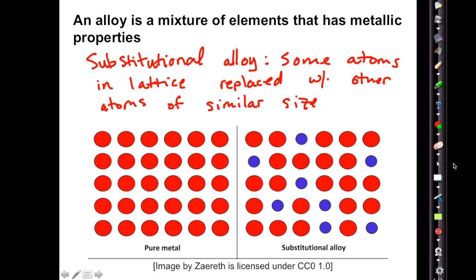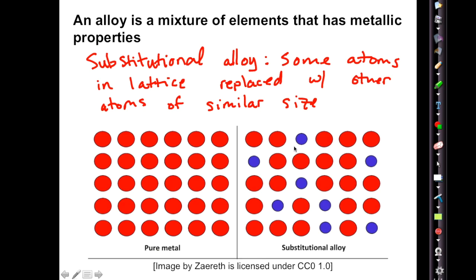So in this diagram, we see on the left our pure metal lattice. And then over here on the right, we see an example of a substitutional alloy where some of those atoms in the lattice have been replaced by other atoms of a different element, but of similar size to the original atoms.